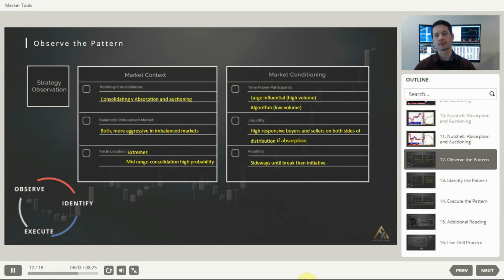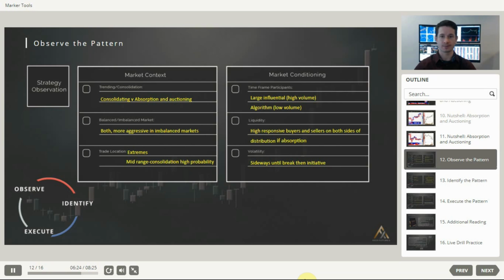Now, in terms of market conditioning, obviously we've got our various time frame participants. This is where you'll refer to which time frame participants were in the market. We've summarized it in 3 time frame participants: large influential time frame participants, as well as algorithmic and speculative in nature.